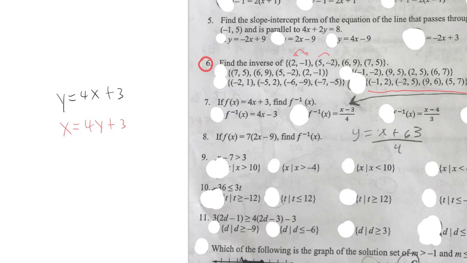And then you solve for y, which would be a matter of subtracting 3 from both sides. We would have x minus 3 equals 4y. And then dividing everything by 4, we would have x minus 3 over 4. Now that is the inverse, and therefore it's right here. Okay, that's that one.